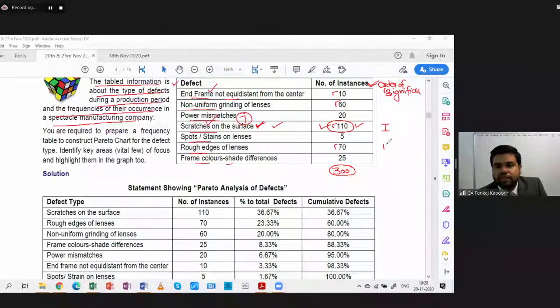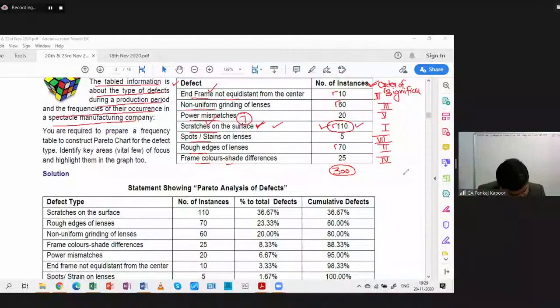This will be the second item on which I must focus. This will be the third item. This will be the fourth, then the fifth, then the sixth, and this will be the last one, the seventh item I need to focus on. So whensoever there is a question of Pareto, what do you need to do, friends?